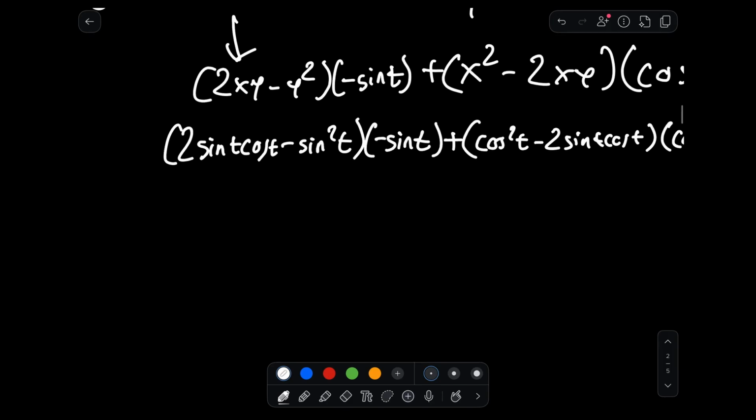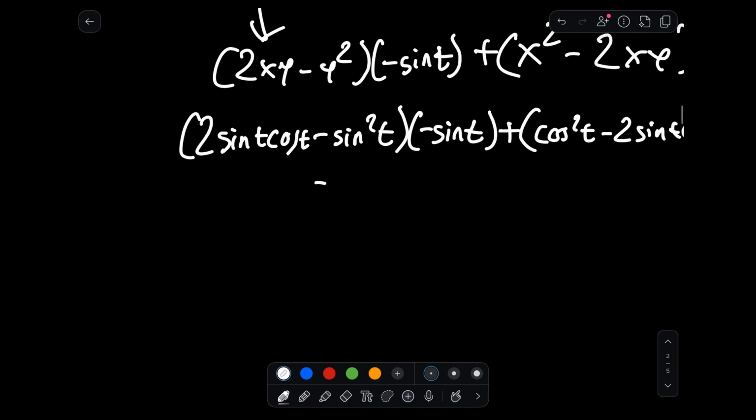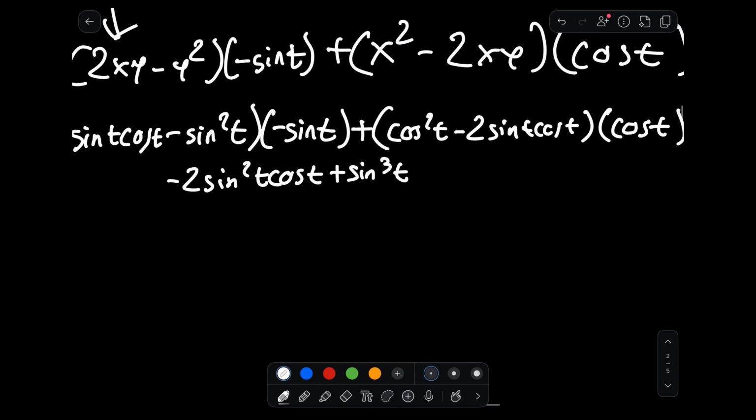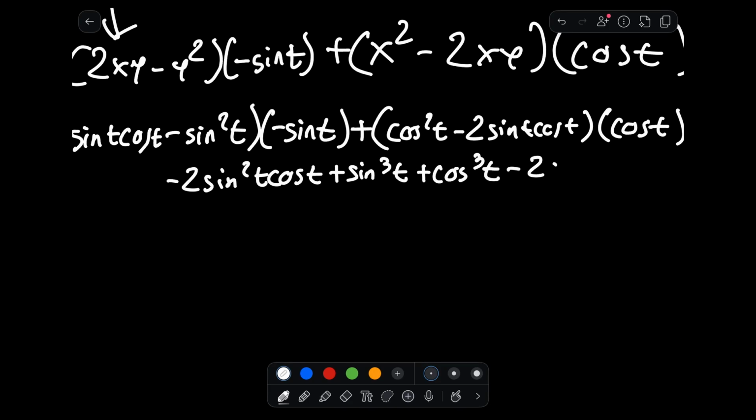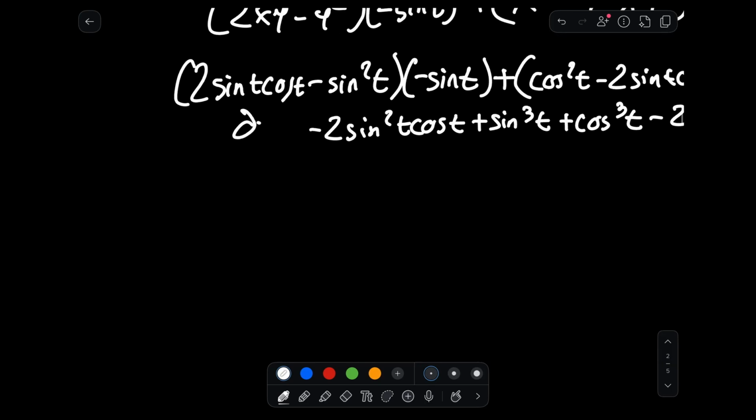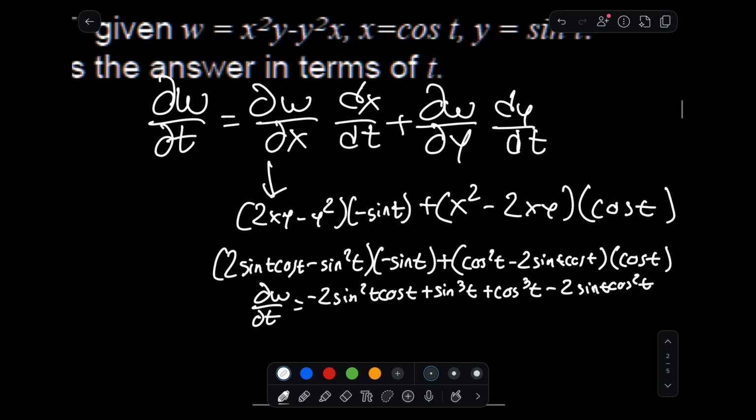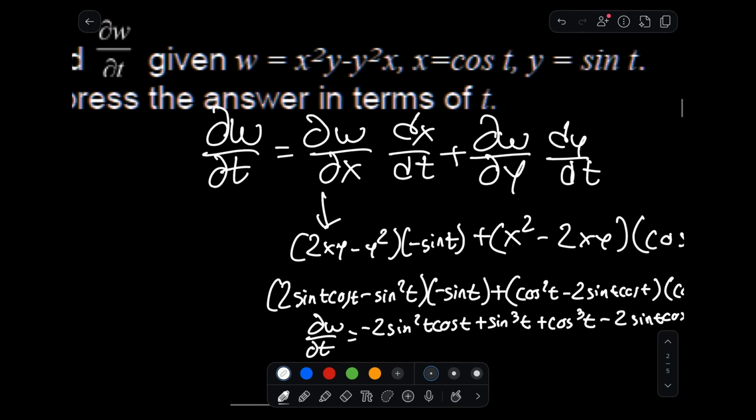And then we can distribute everything out. We get negative 2 sine squared t cosine t plus sine cubed t plus cosine cubed t minus 2 sine t cosine squared t. And that is our answer for ∂w/∂t.